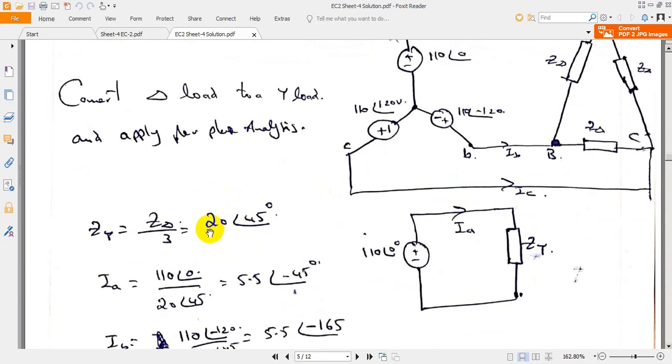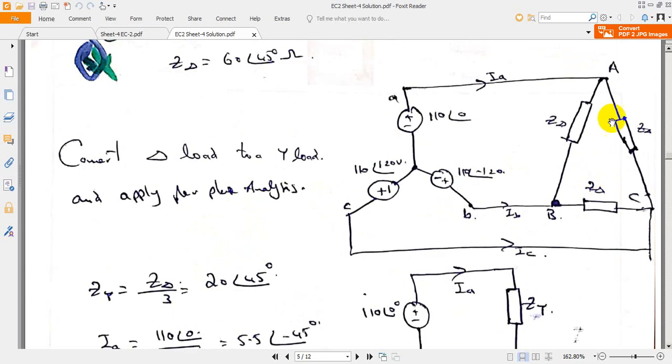Now 20 at an angle of 45 degrees is the ZY, the impedance from point A to neutral, from point B to neutral, and from point C to neutral. These three branch impedances will be the same and should be the same. Why? Because it is a balanced circuit.